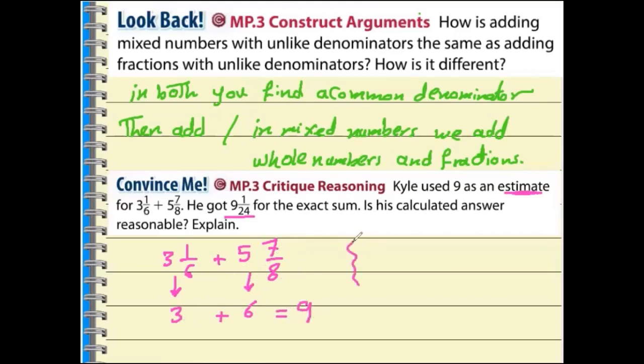Okay, let's move to the exact answer, 9 and 1 over 24. Guys, look, the 1 over 24 is very close to 0. And this is 9. So 9 plus 0 equals 9. So his estimate is 9, and the true answer is very close to 9. So his estimate is reasonable.